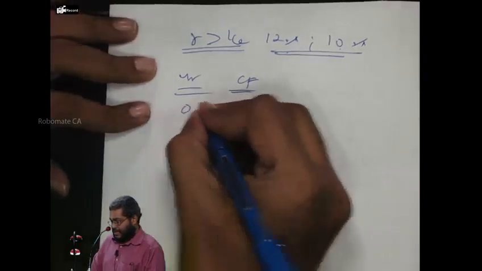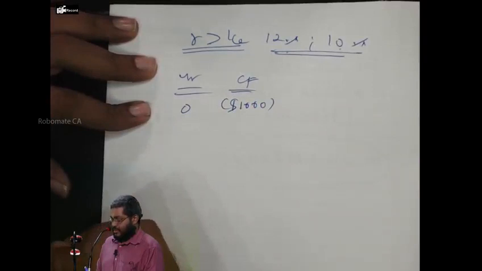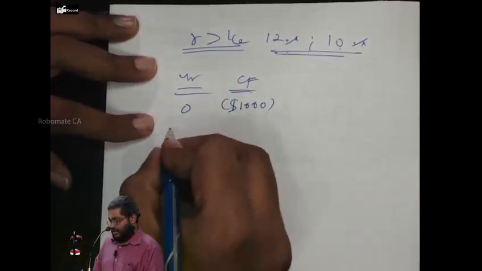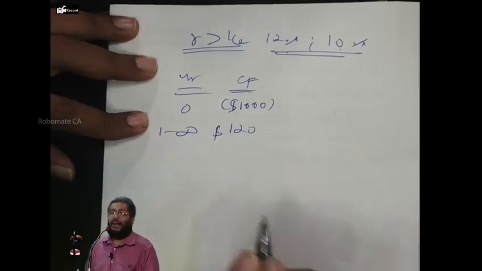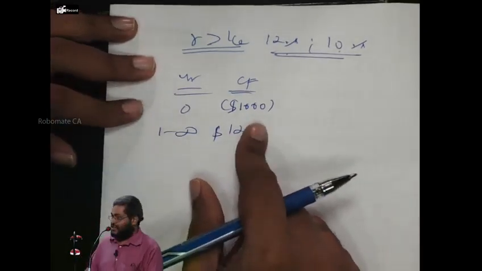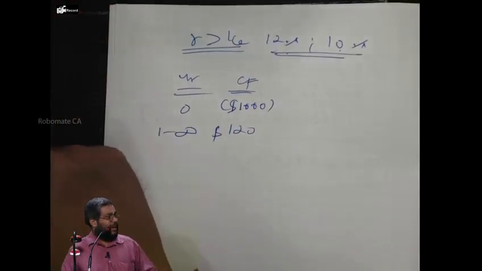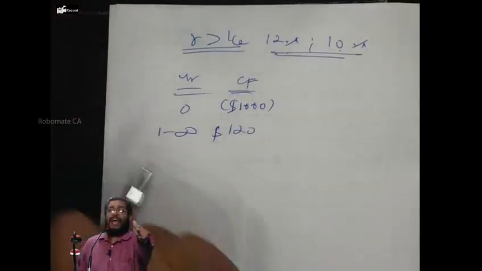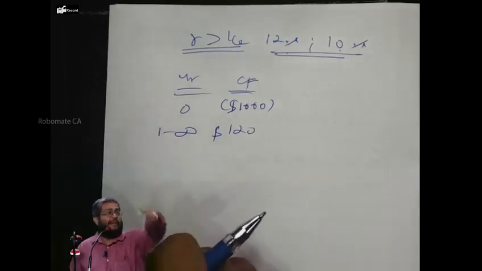Now, in year 0, how many dollars do I invest in the project? $1,000. From year 1 to infinity, the project gives me $120. Yes or no? This is an investment opportunity. I estimate cash flows for the project.